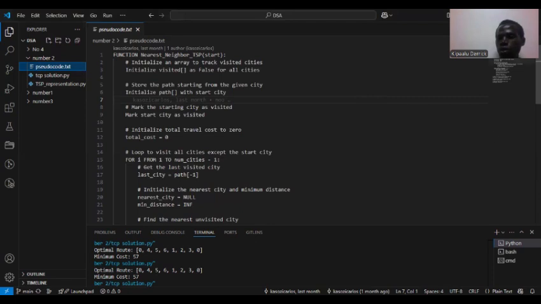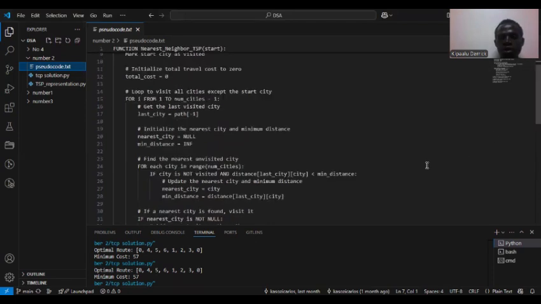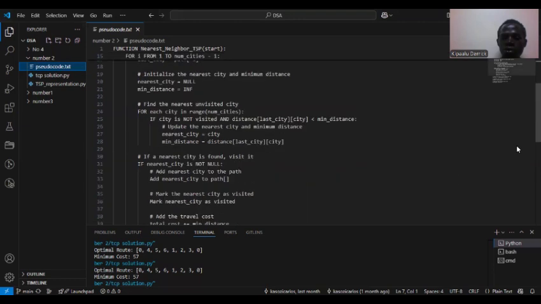Still within this pseudocode, we have a main loop, which loops through all the cities except the city where we start from. Inside the main loop, we have another loop that looks for the nearest unvisited city.